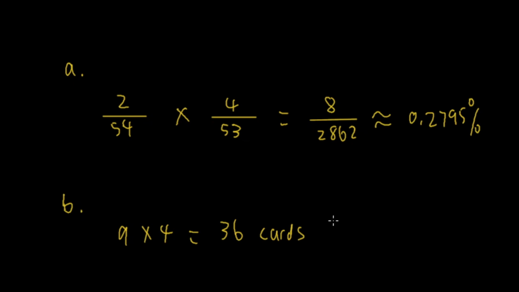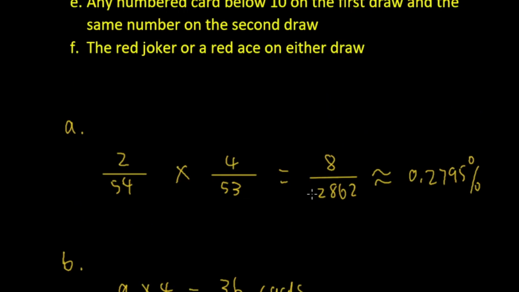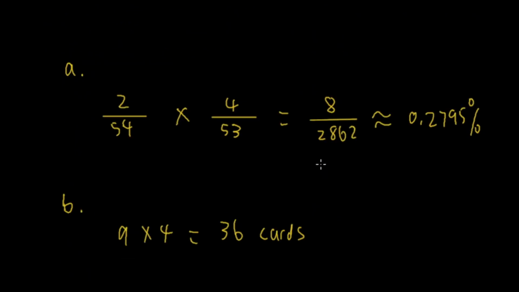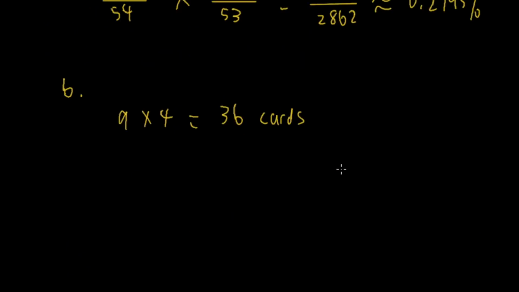That could be the outcome that you want. So for the first draw, it has to be a number card of any suit. Since there are 36 number cards, you have 36 possible outcomes that you want, and you have 54 cards to draw from on the first draw. So that's the probability of drawing any of the number cards on the first draw.